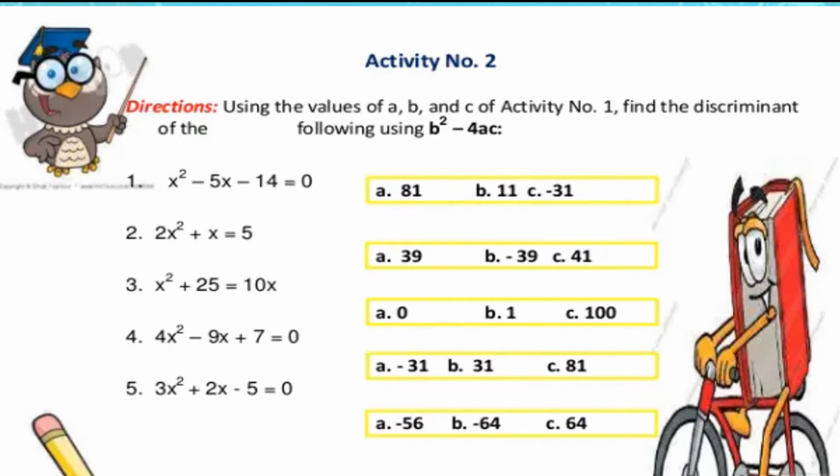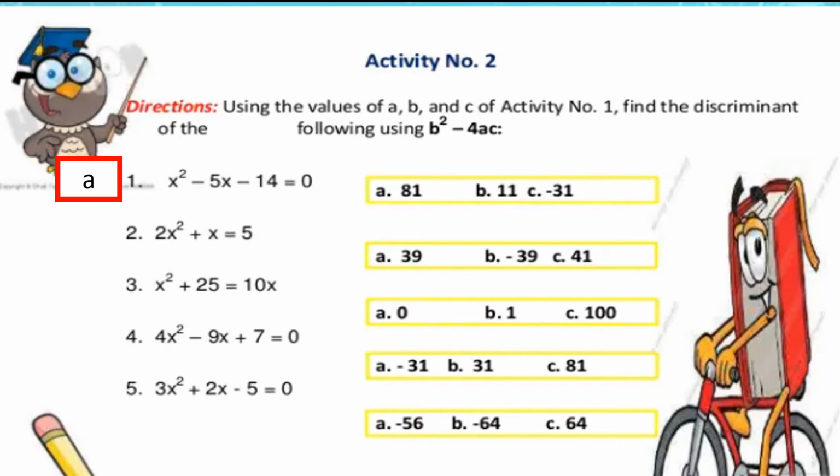So, number 1, try nga natin kung anong sagot sa number 1. What do you think is the answer in number 1? So, if we're going to substitute, magiging negative 5 squared minus 4 times 1 times negative 14. At ano ang sagot natin? Okay, A, 81. How about number 2?